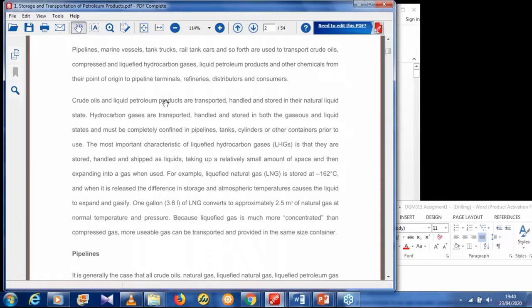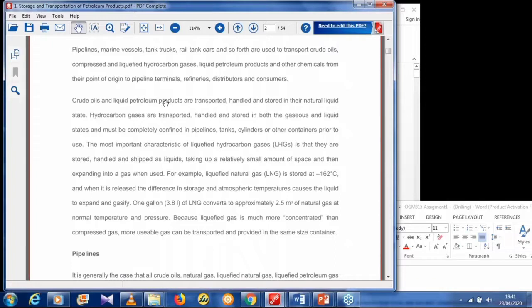Then apart from that, we have other components. We also have, like I've mentioned, the gases. We have our naphtha, we have our gasoline, that's our premium motor spirit, which is petrol, and gas. And then you have your kerosene, then you have your HGO, that's the one called diesel.